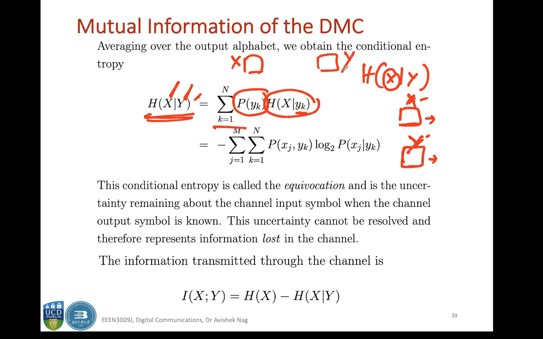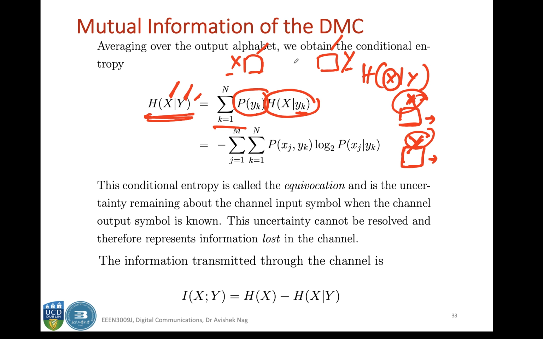In this case, H of X given Y is again meant for two random entities, but instead of both being a source randomly emitting information, what we are studying in this particular video lecture is X and Y as the source and the destination.